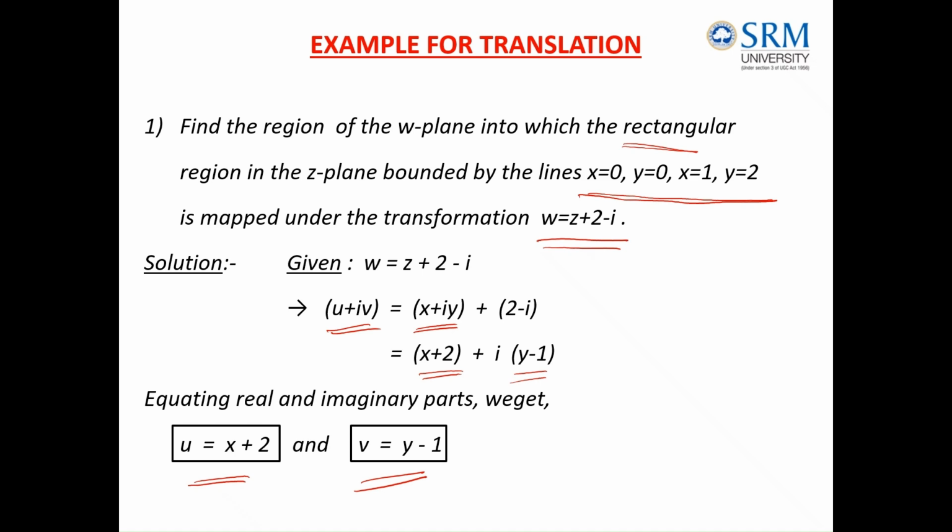Then after getting this, we need to substitute the edges of the rectangular region in these equations and find u and v. If I substitute x equal to 0, I get u equal to 2. Similarly, if I substitute y equal to 0, I get v equal to minus 1.